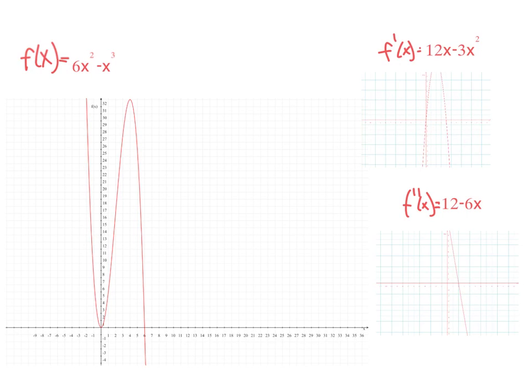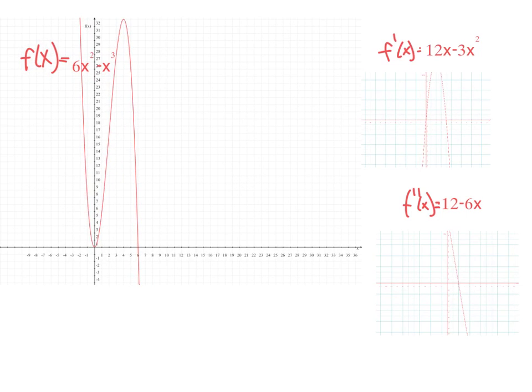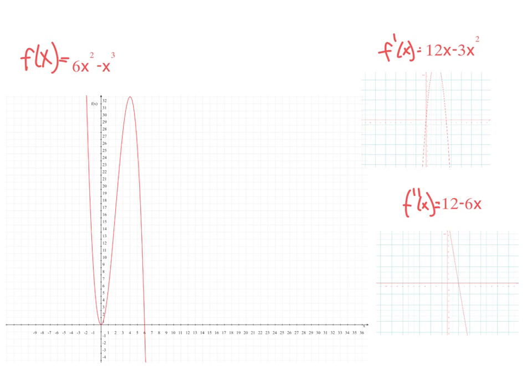And then decreasing from 4 to positive infinity, which is exactly what's happening here. We can move this along. Decreasing from 4 to positive infinity, okay? And you can graph this on Desmos as well, but that's what we've got going on here.